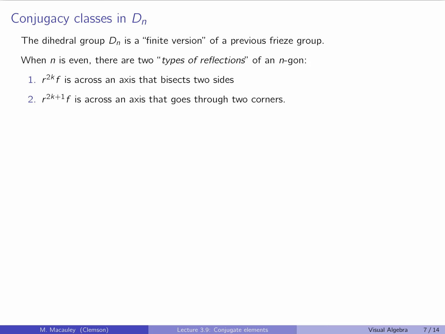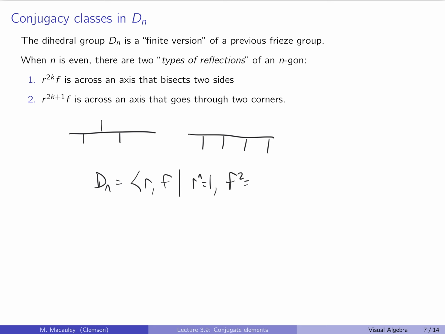The dihedral group, Dn, is like a finite version of a previous frieze group. Not the frieze group that we just saw. It's a finite version of a frieze group that looks like this, or one that looks like this, for example. So in particular, Dn is generated by r and f, where r to the n is the identity, f squared is the identity, and then frf equals r to the minus 1.